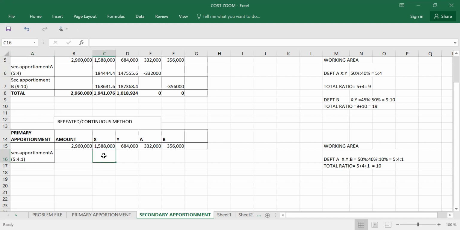Okay, now we come here. We're saying the cost of A equals 5 divided by this total ratio, which is 10, times the cost we are distributing.